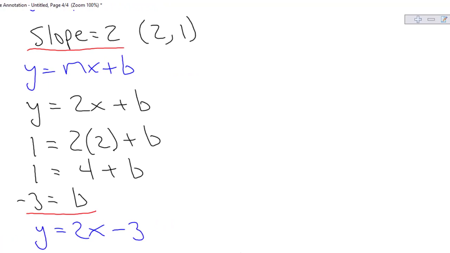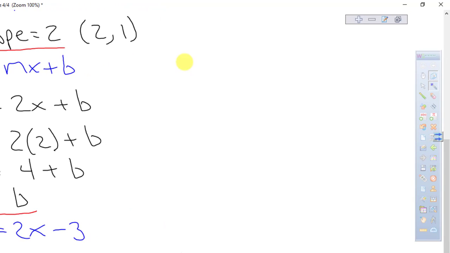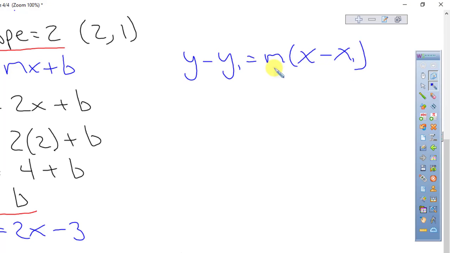Now let's try the other method. Let's use the point-slope form. So initially that looks like this. This is the point-slope form of an equation where I need 3 pieces of information. I need to know what the slope is. I need to know an x value, and I need to know a y value. Well, I have all of that information here.